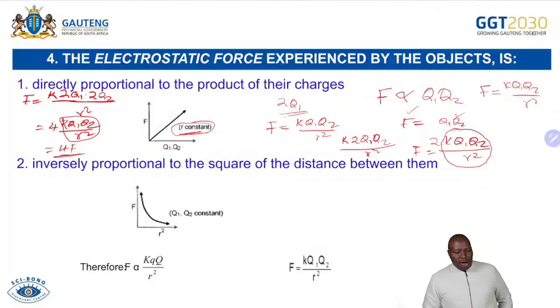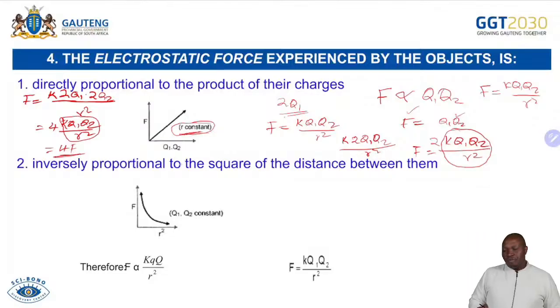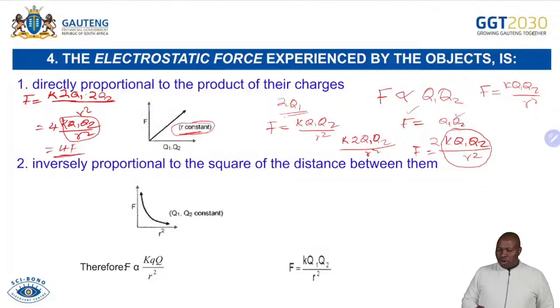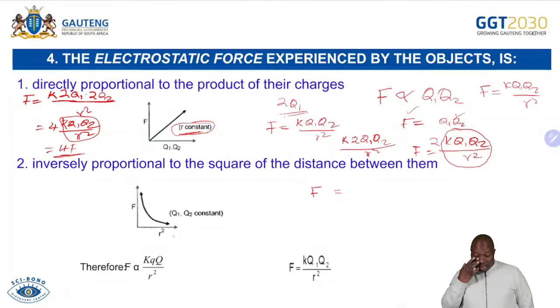Now, if you look at the relationship between the electrostatic force and the square of the distance, r squared. What is the relationship? We have drawn a graph of F versus r squared. You can see on the y-axis we have the force, and on the x-axis we have r squared, which in this case is 1 over r squared, the inverse of that.